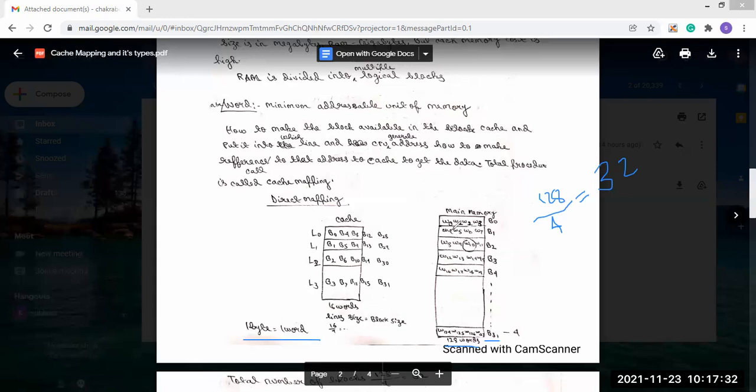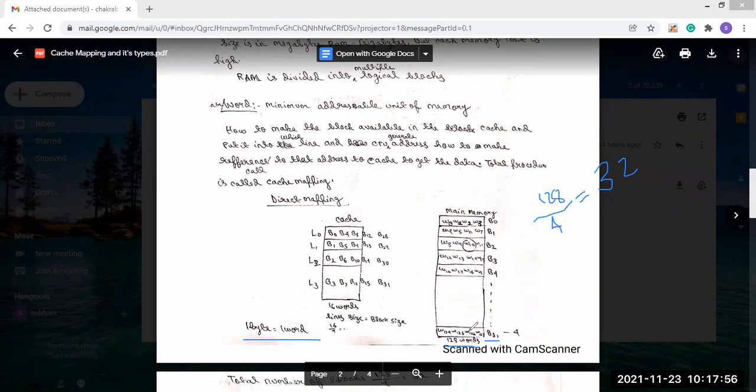Since words start from 0, words 0 to 127 will be present. So the last block contains word 124, word 125, word 126, and word 127. This is stored in our last block, and that is how the data is stored in our main memory.